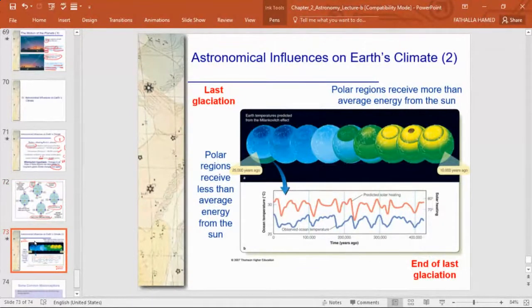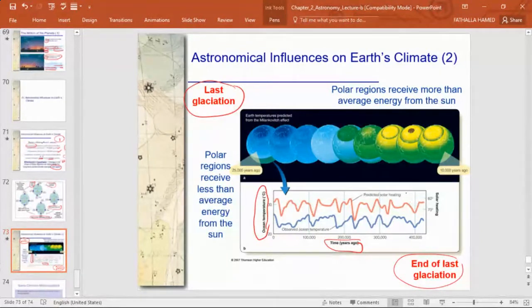And in this slide here, we are talking about the last glaciation. That means when we had the ice age, and that's the end of the glaciation. You can see in the diagram here, time in years ago, and this is the ocean temperature in degrees Celsius.